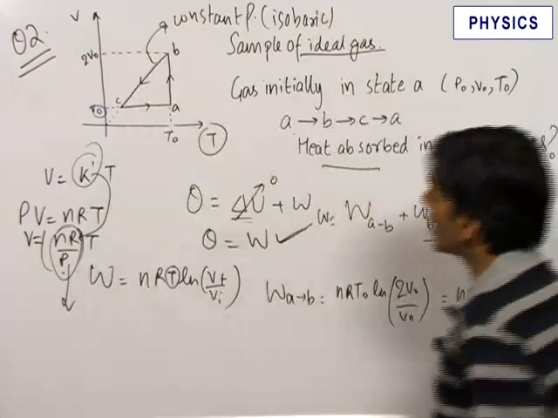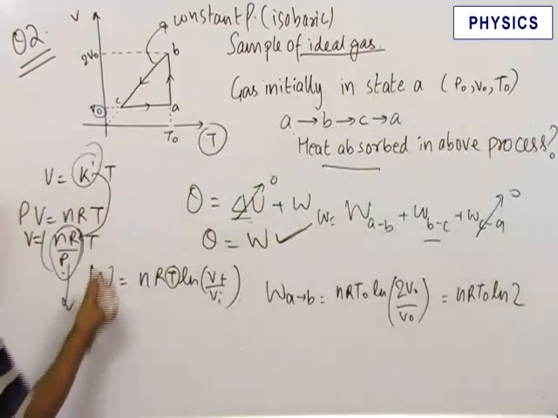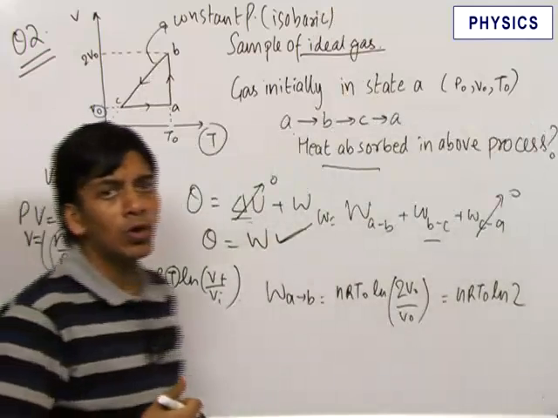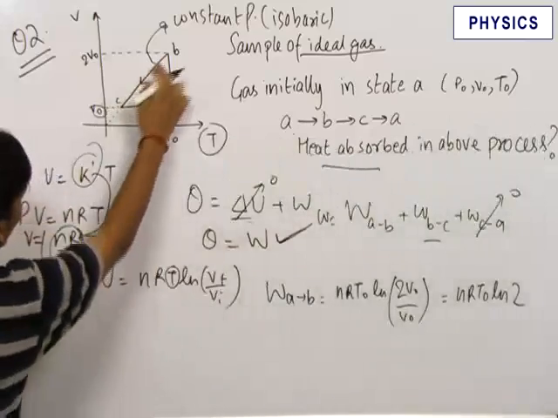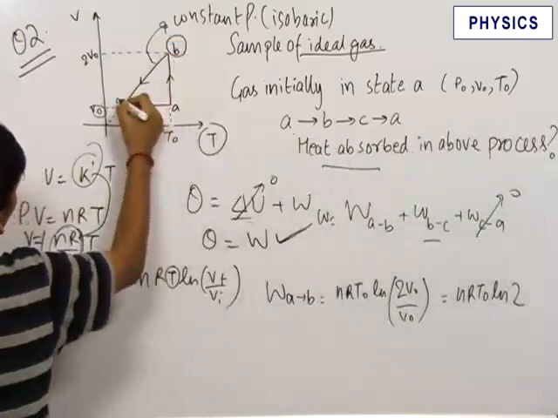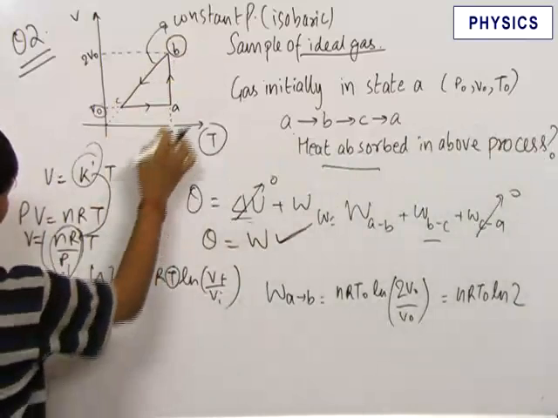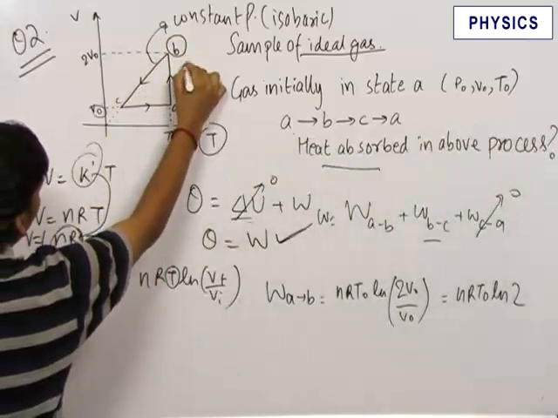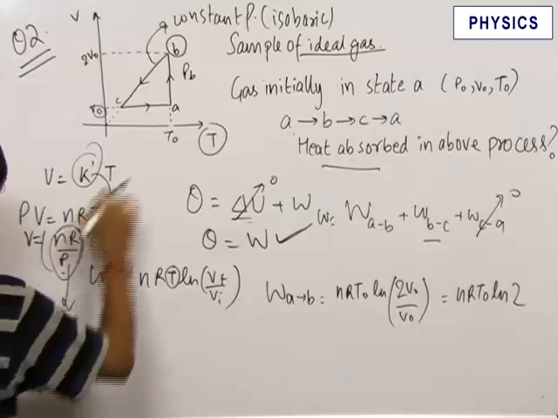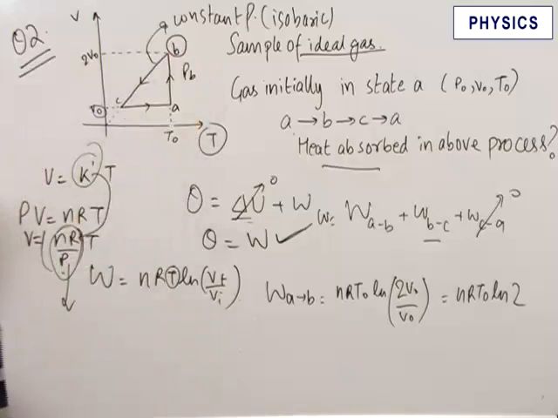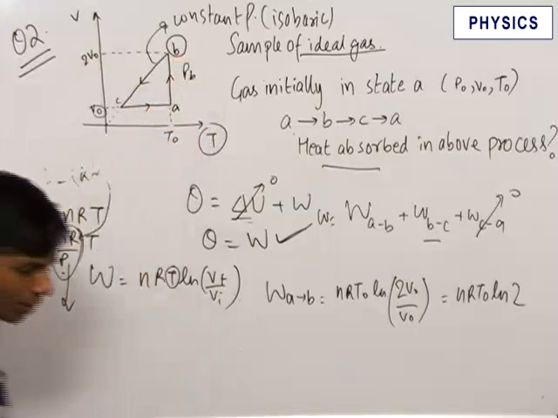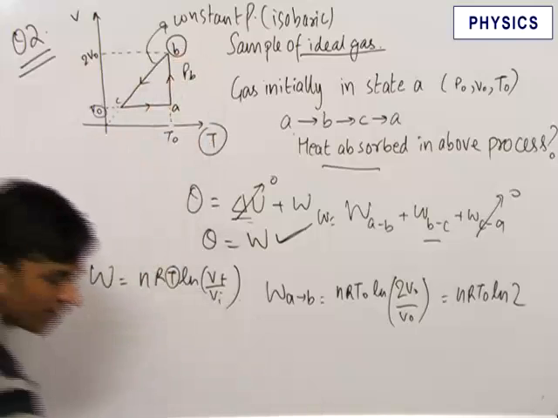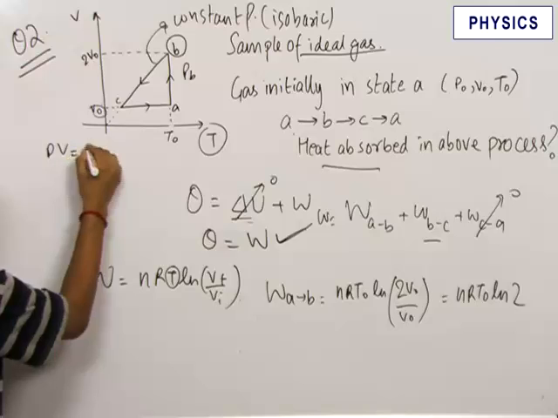So for an isobaric process, we know that the work done is equal to P into the change in volume of the gas. So we need to find out either PB or PC. In this question we need to find out PB. For finding out PB, we see that the process AB is an isothermal process. In an isothermal process we have PV is equal to nRT.